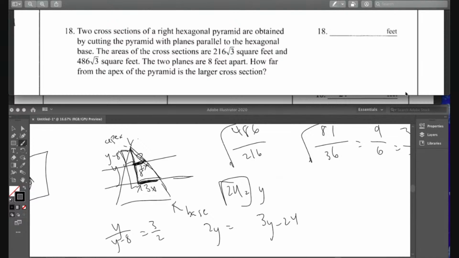If you have two objects that are similar to each other, then all of their 1D, 2D, and 3D measurements are going to be in ratios, and these ratios correspond to each other depending on the dimension they're in.